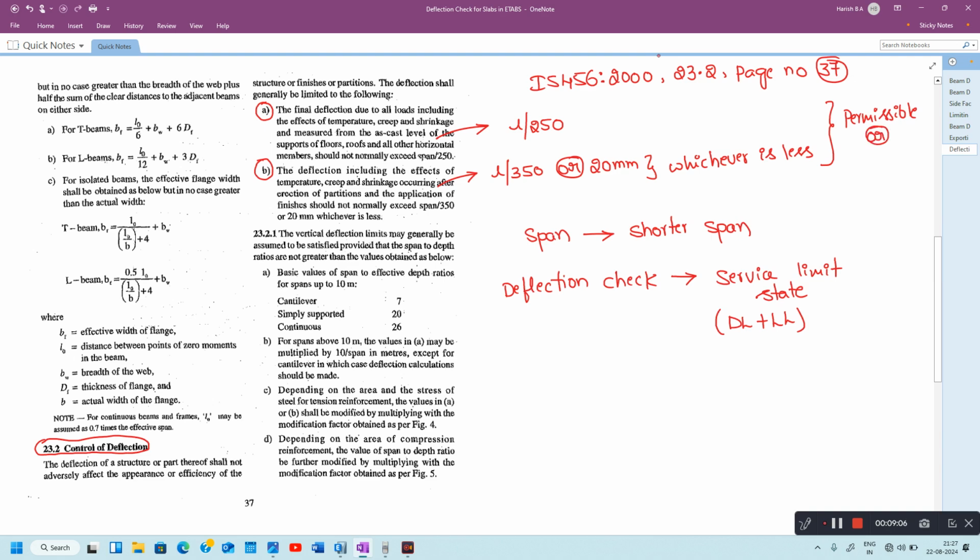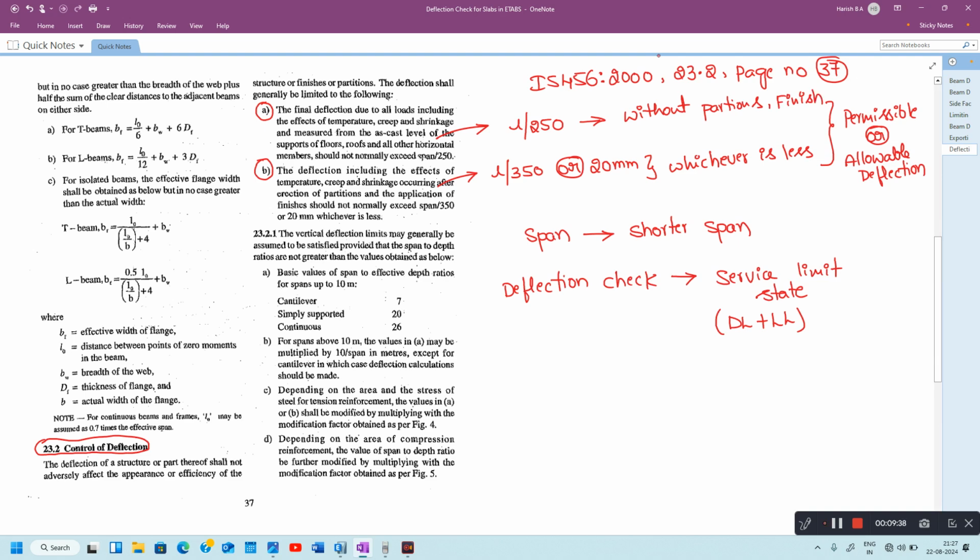This case 1 is without partition or finishes.